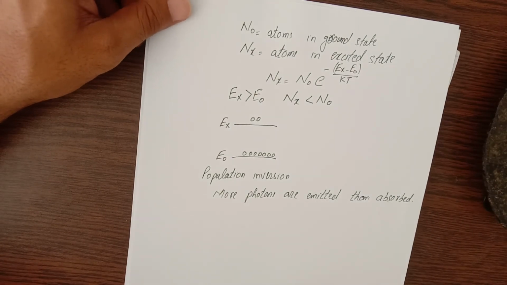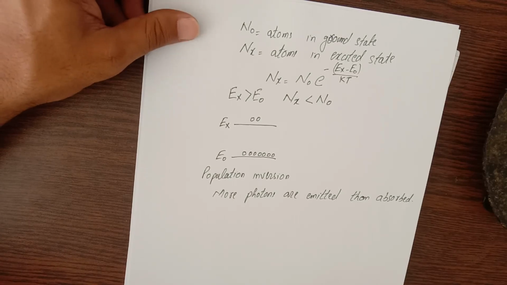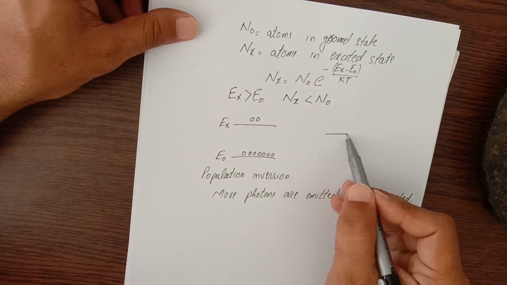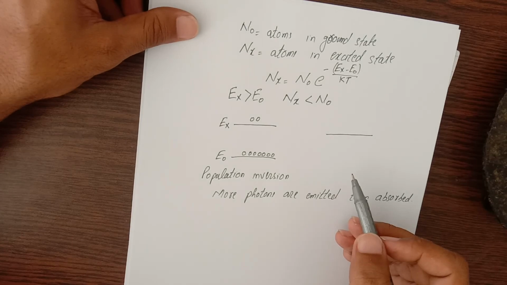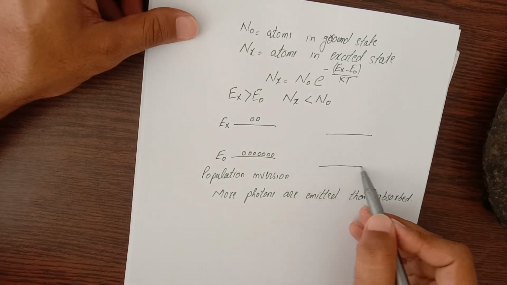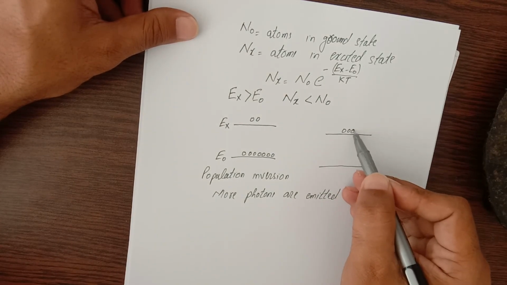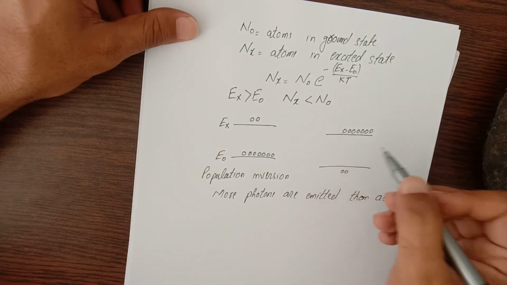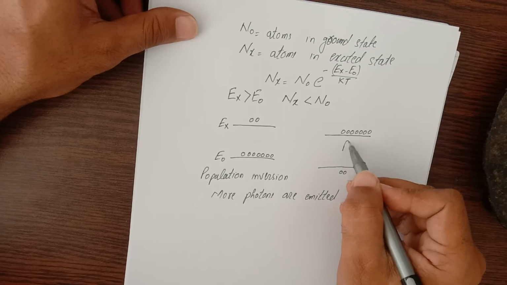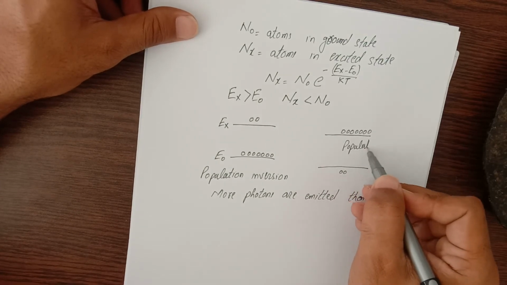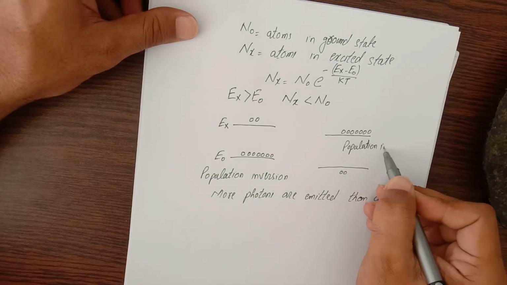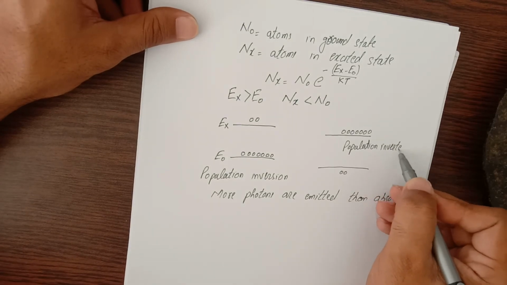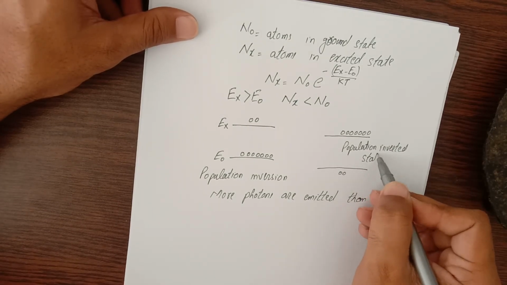Such a situation in which we have more electrons in the excited state than the ground state is a population inversion, or a population inverted state, and this is required for a laser.